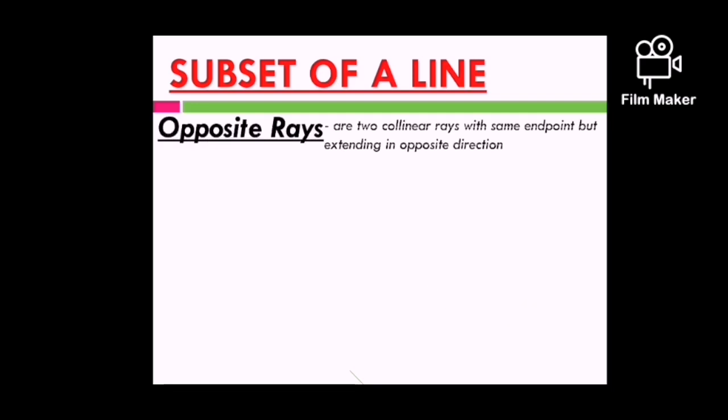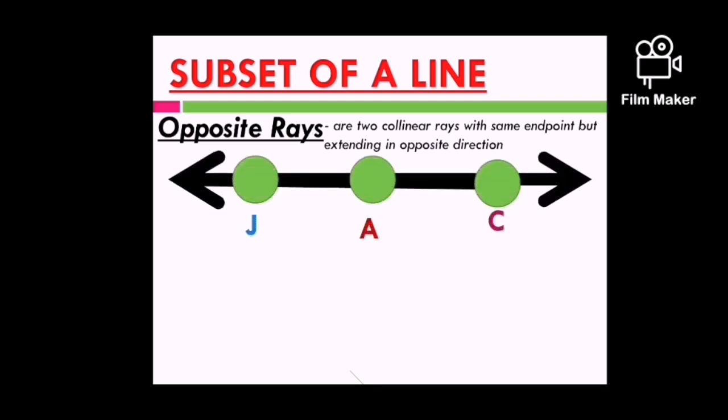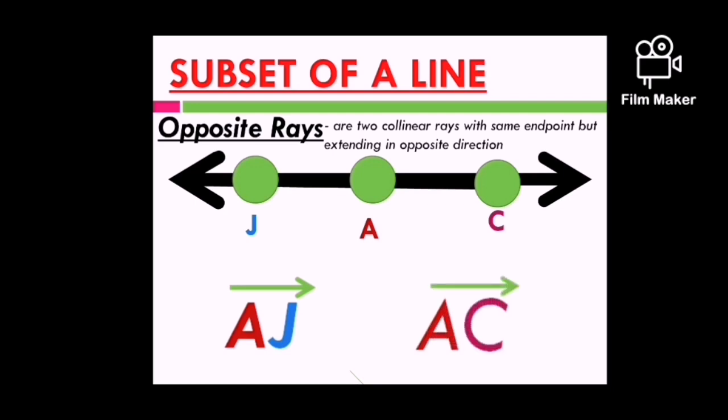Opposite rays are two collinear rays with the same endpoint but extending in opposite directions. In this illustration, we have ray AJ and ray AC.